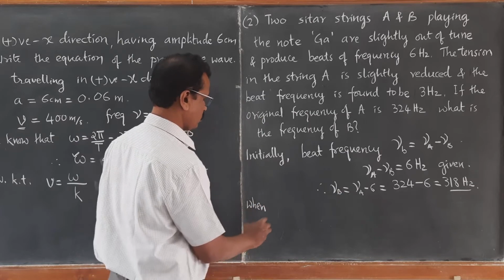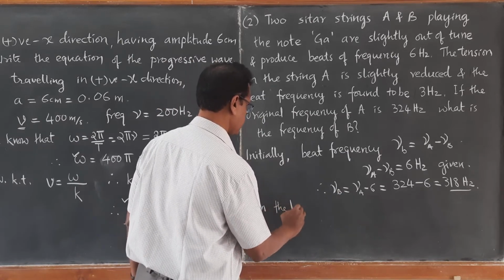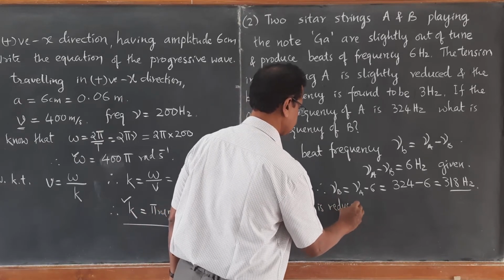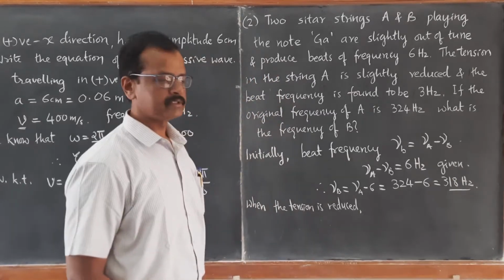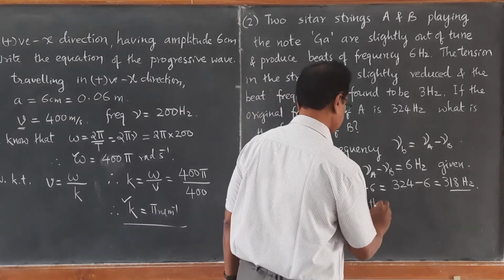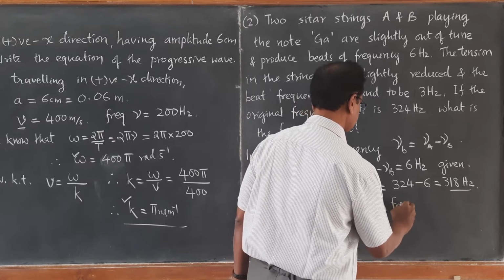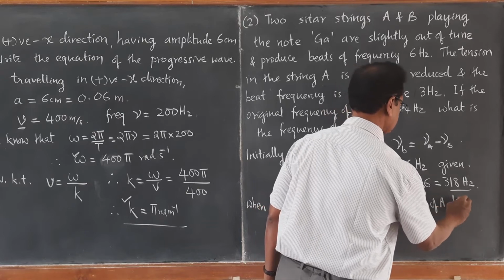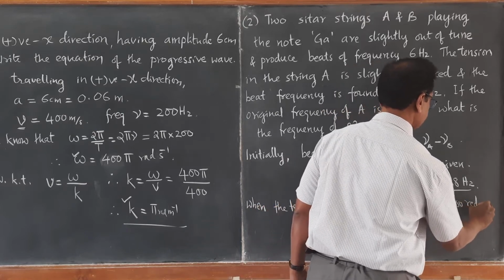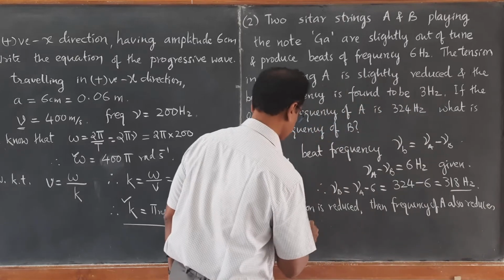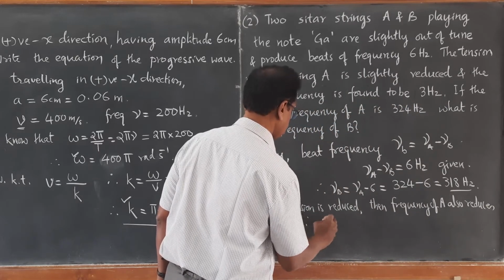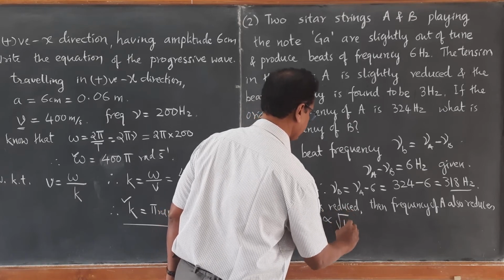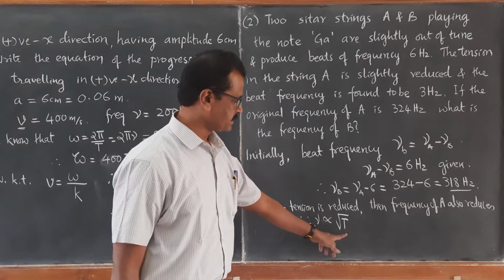When the tension is reduced, the frequency of A also reduces, because frequency is directly proportional to the square root of T. As you increase tension, frequency increases.